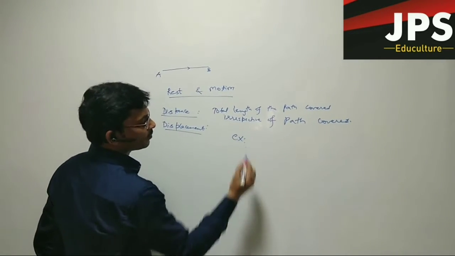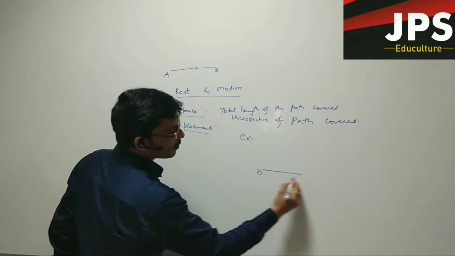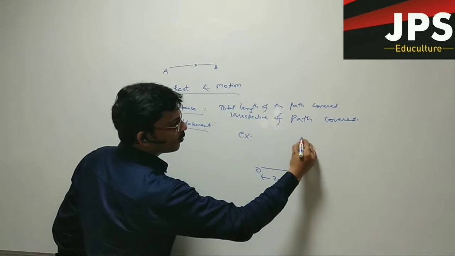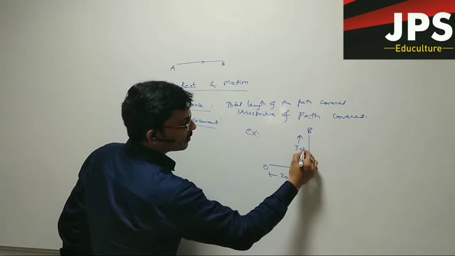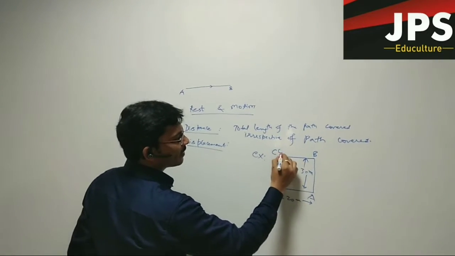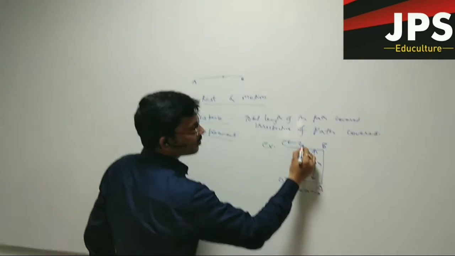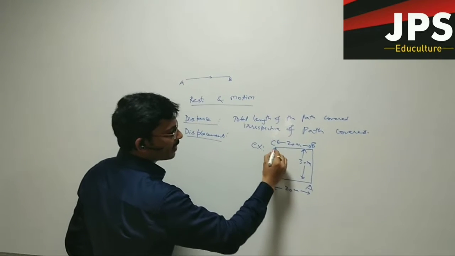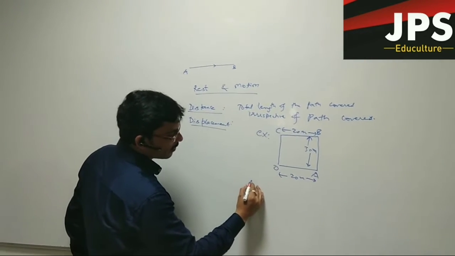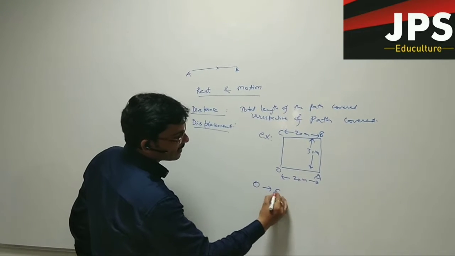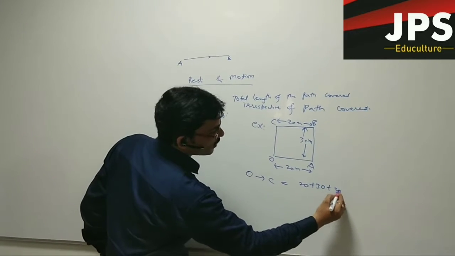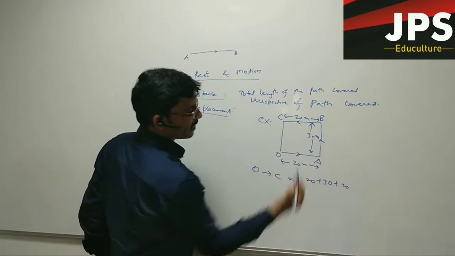For example, if an object moves from O to A 20 meters and then A to B 30 meters, then B to C again 20 meters, and if it is a rectangular path, then the distance covered from O to C will be 20 plus 30 plus 20 when we move along this direction.